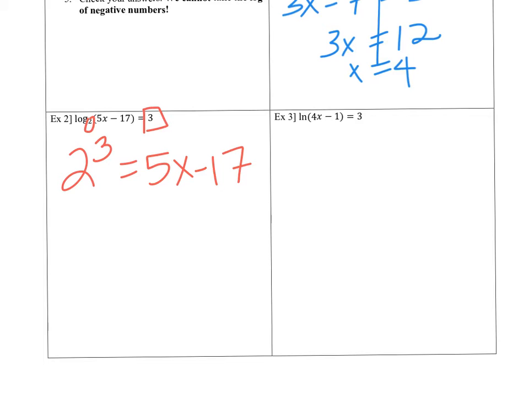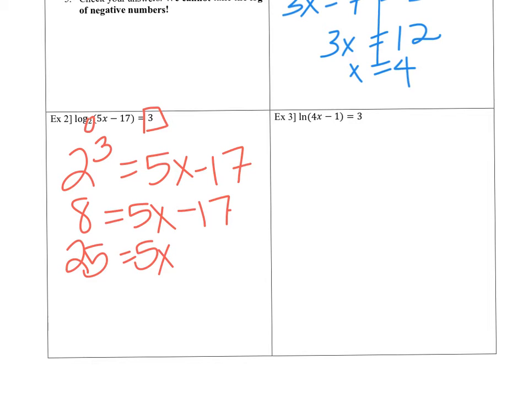Now you have to plug in 2 to the third power in the calculator. 2 times 2 is 4. 4 times another 2 is 8. We have 8 equals 5x minus 17. Now solve for x. When I add the 17 over, I get 25 equals 5x, which leads me to dividing by 5, so 5 equals x.